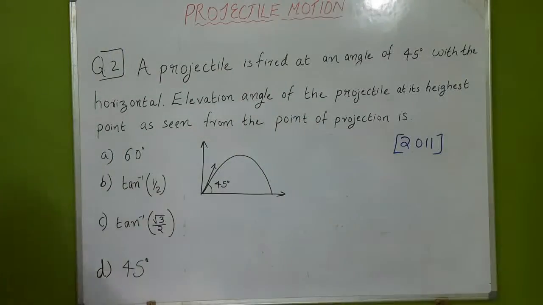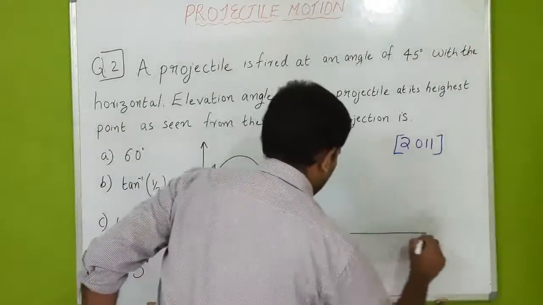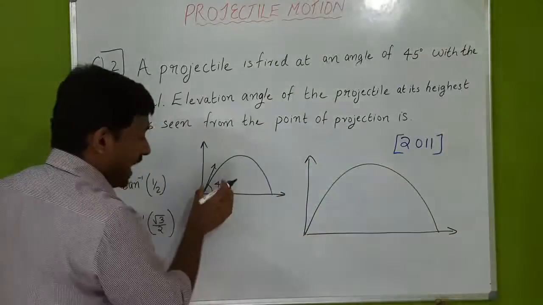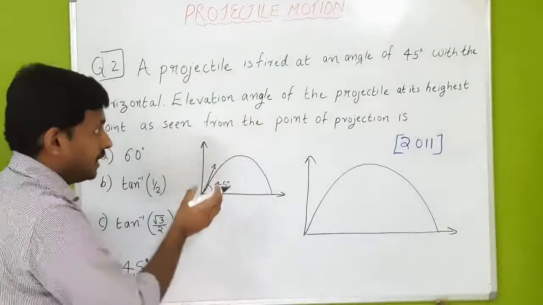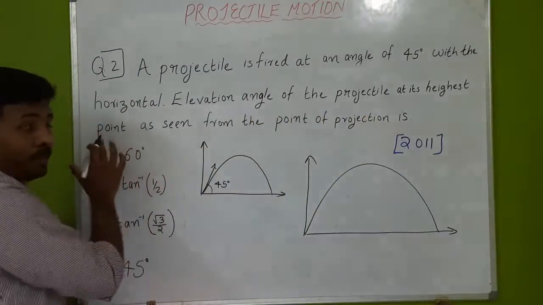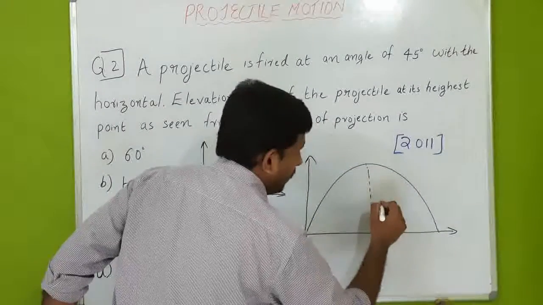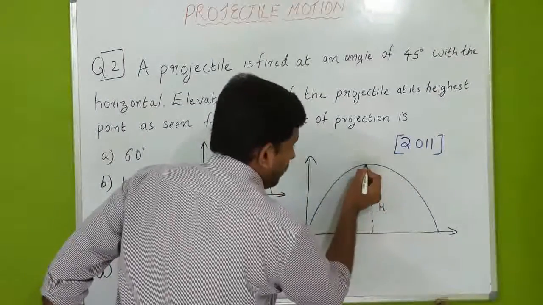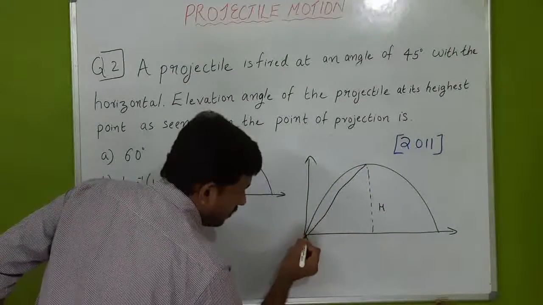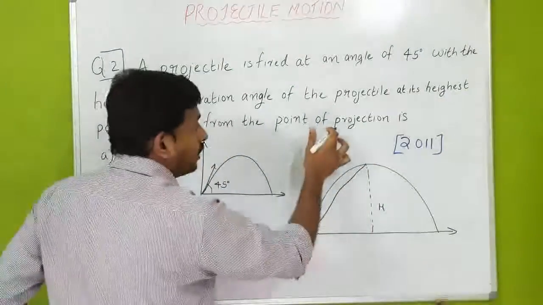We have the same projectile motion here. Its initial angle of projection is given as 45 degrees. We have to find the elevation angle of the projectile at its highest point. This is the highest point of the projectile motion. From this point, we can draw a line to the point of projection.